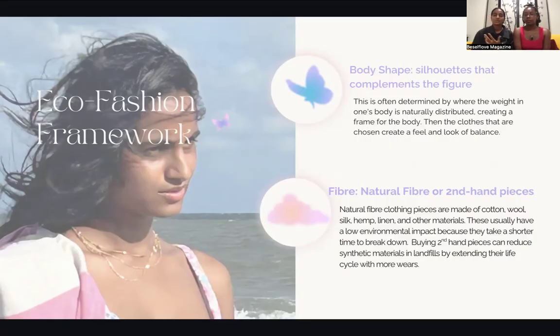So, natural fiber clothing pieces are made of cotton, wool, natural fabrics, and you could research all this information, it can be found on the internet, and you can find the material that your clothing is made of on the garment. So take a minute to look at that and buy secondhand pieces so it reduces the carbon footprint on the planet, and it also extends their life if they're made of good material.